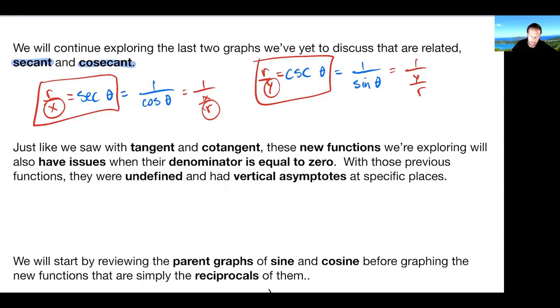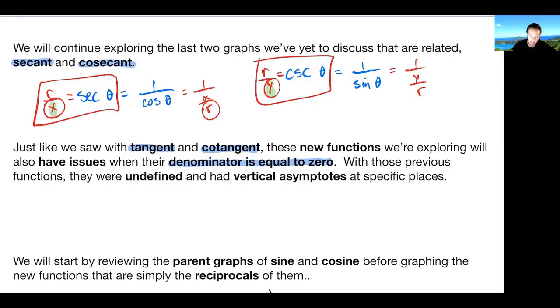Okay, so similarly, when we're talking about tangent and cotangent, and them having certain issues with the denominator being 0, these ones will also have those issues, and namely, like I showed you a minute ago, for cosecant when y is equal to 0, and for secant when x is equal to 0.